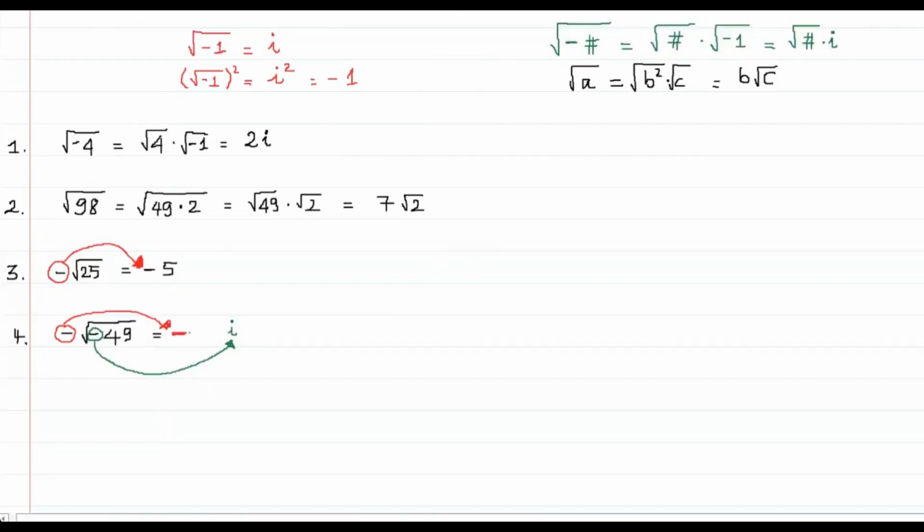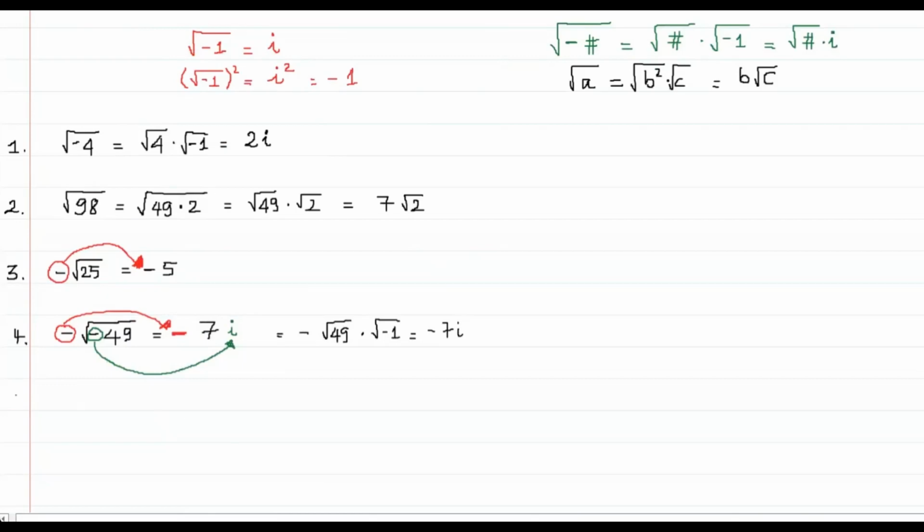The square root of 49 is 7. So negative 7i. If we break it down, it will be negative square root of 49 times square root of negative 1, and that is negative 7i. Okay?